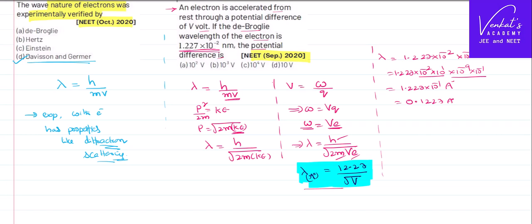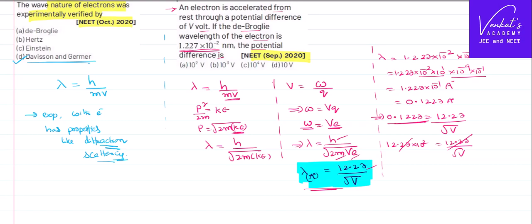Now let me substitute that value here. Lambda is 0.1227, equal to, as per the equation, 12.27 by square root of V. So this will become 12.27 into 10 power plus 2 equal to 12.27 by square root of V. These two will cancel.